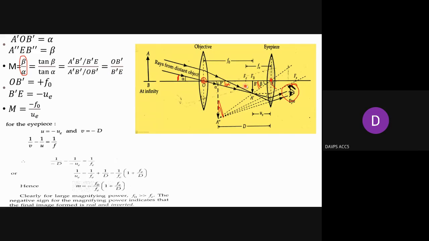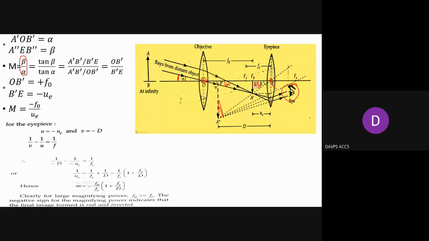B dash E is on the left side of the eye lens, and that is the object distance for the eye lens. You should not be confused. A dash B dash is the image formed by this objective, and it acts as the object for the eye lens.